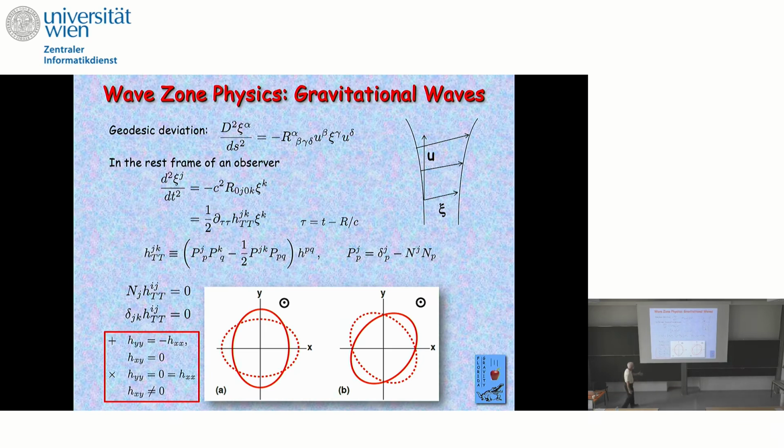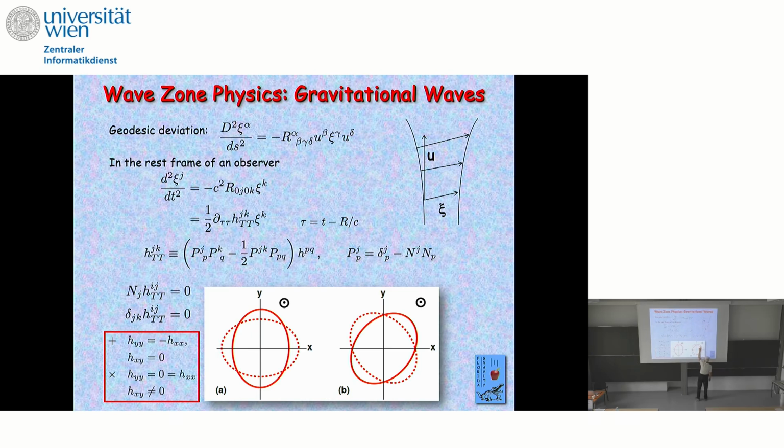The other one is when these guys are 0 and HXY is non-zero. HYX, of course, is always the same. It's symmetric. So in this case, if you have, let's say, HXY is positive, then if you have an object with positive x, then it experiences a positive displacement in the y direction. I have to start with a circle. So we've got the particle here with a positive x on the circle, but it gets a positive y displacement, right?